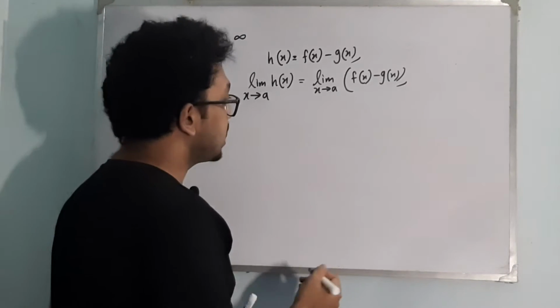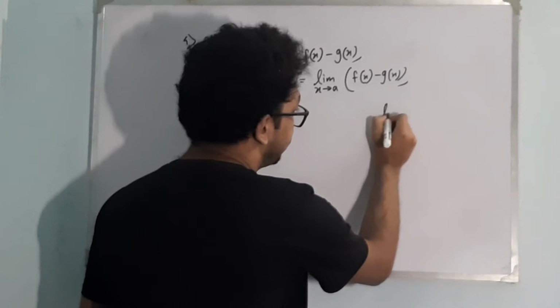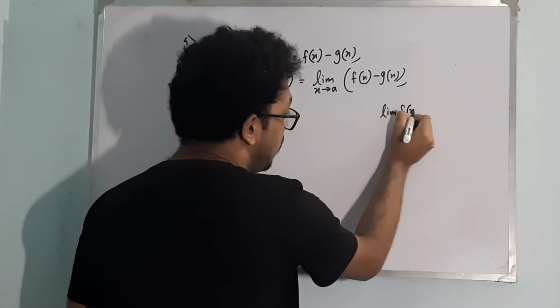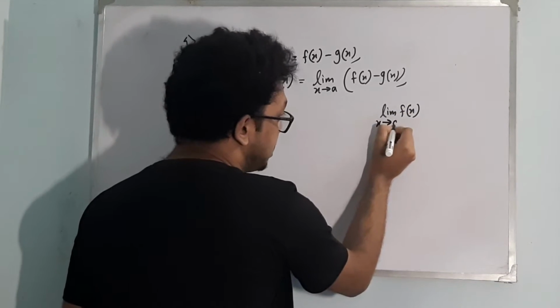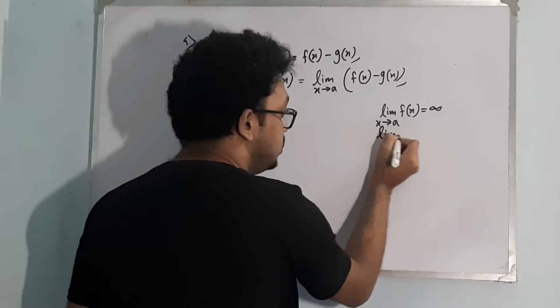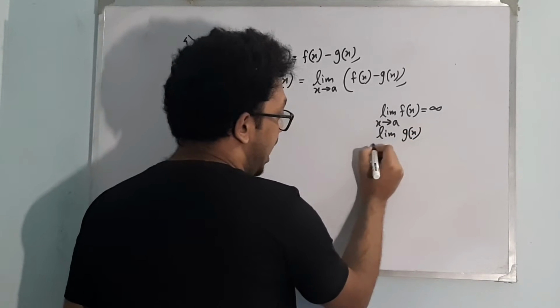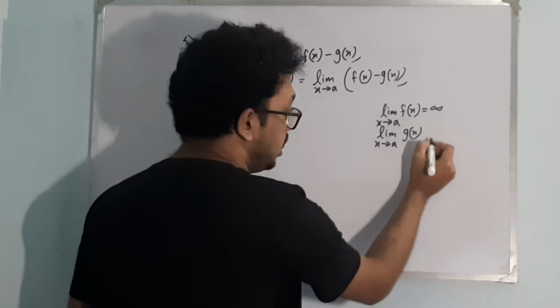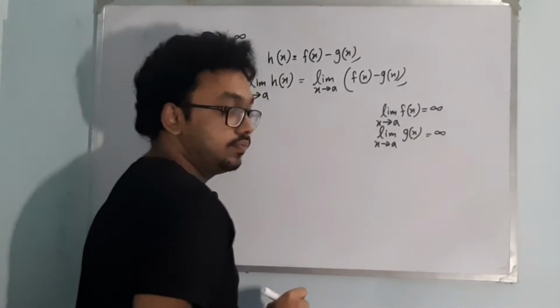Now suppose we have a case such that the limit of f(x) as x tends to a is infinite, and the limit of g(x) as x tends to a is infinite.